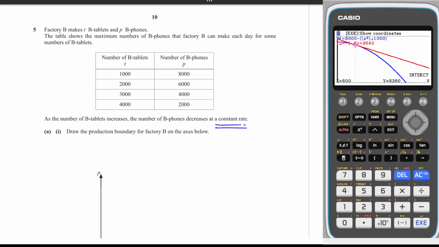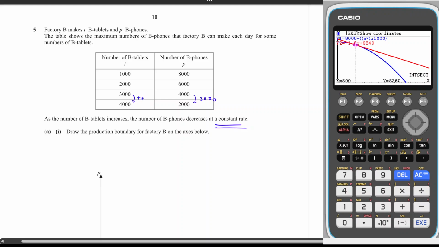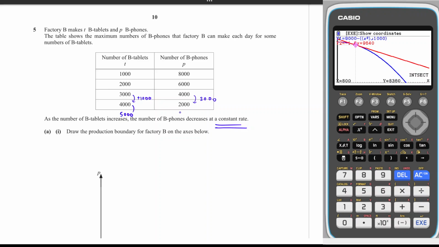So when I say at a constant rate, you can see that for every decrease in 2000, I have an increase in 1000. This is plus 1000. So if I just take another 1000 here, which becomes 5000, this will become 0. And similarly here, if I go up, this will become 10,000, and this will decrease by 1000, which will become 0.